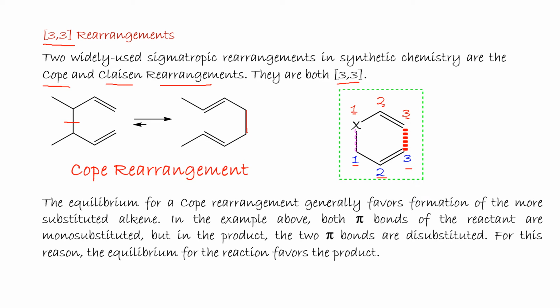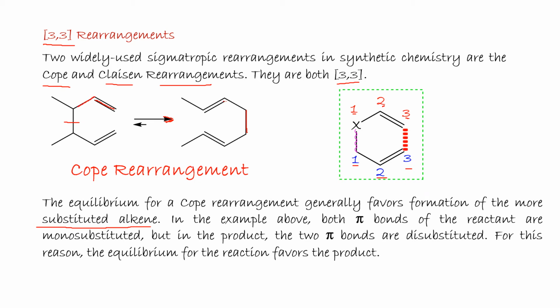We break this one. But why does the equilibrium for the Cope rearrangement generally favor the formation of the more substituted alkene? Why does this reaction go this way? In the starting material, the alkene is mono-substituted.